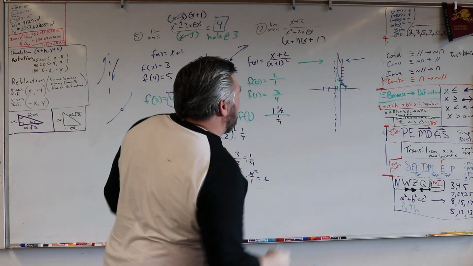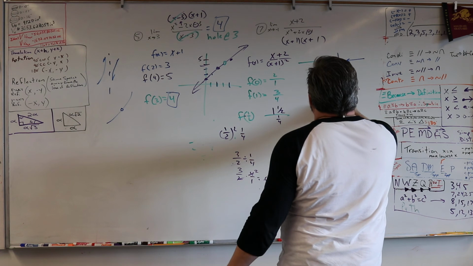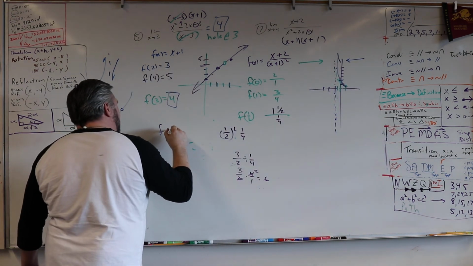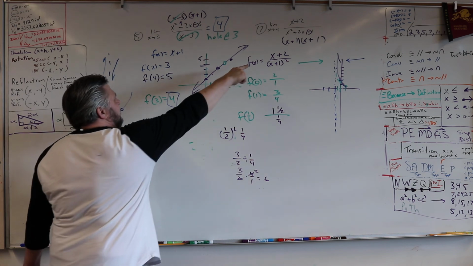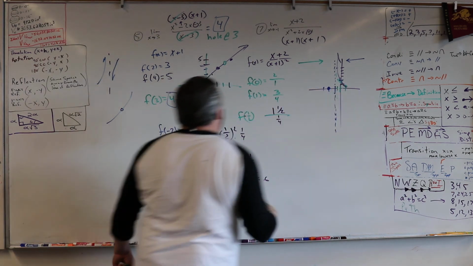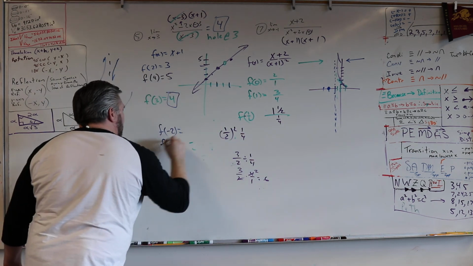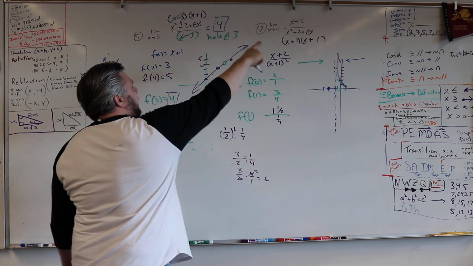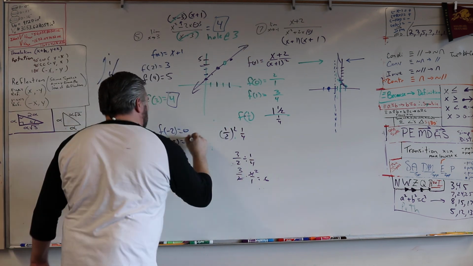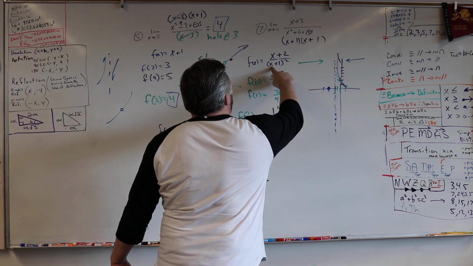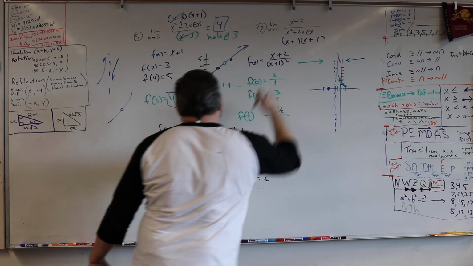Alright, so let's go. Is that at -1? So let's go -2, -3. What happens at f of -2? F of -2 is 0. Boom. Okay, what about -3? So -1 over -3 would be -2 squared would be 4.